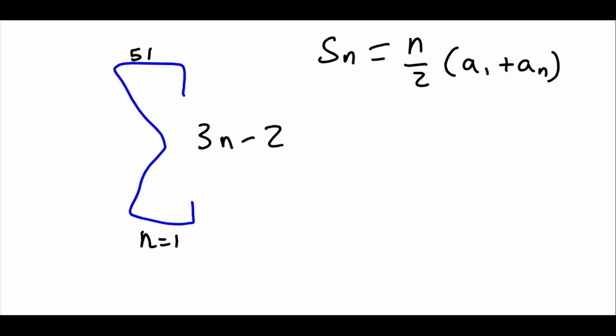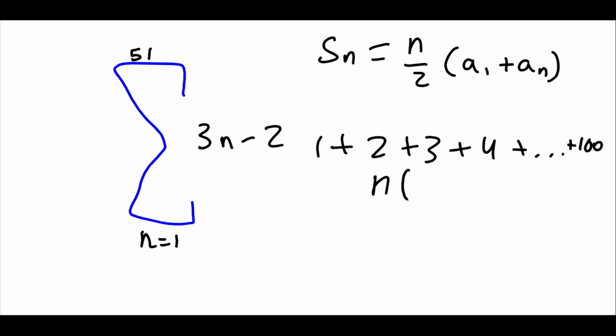His teacher thought that if he does 1 plus 2 plus 3 plus 4 all the way to 100, that would take him a while, but he was able to do it in a matter of minutes, because he developed a formula.